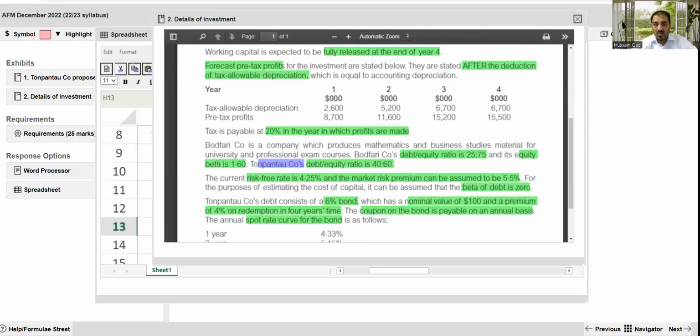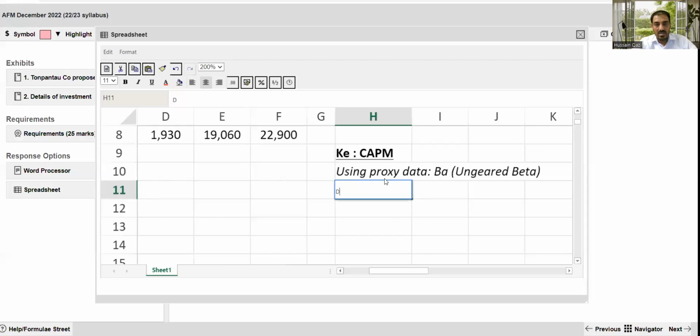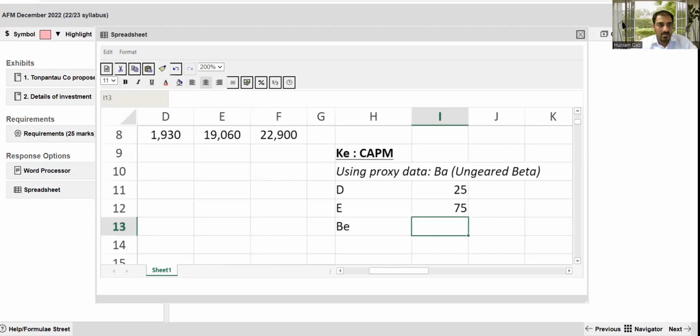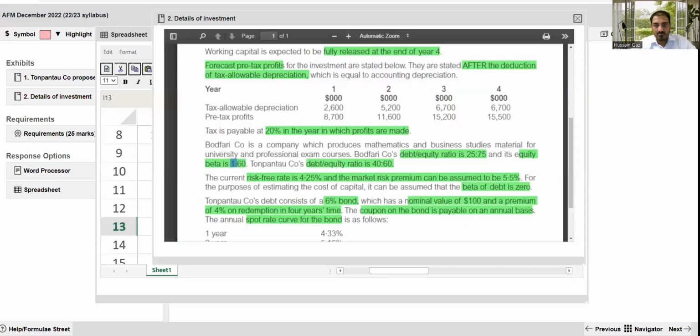Here the equity beta is 1.6, and the debt equity is 25:75. Debt 25, equity 75, beta equity 1.6.